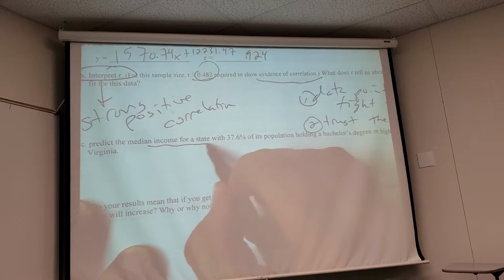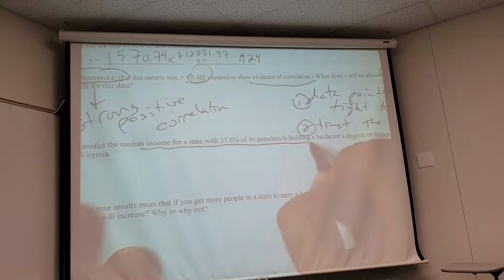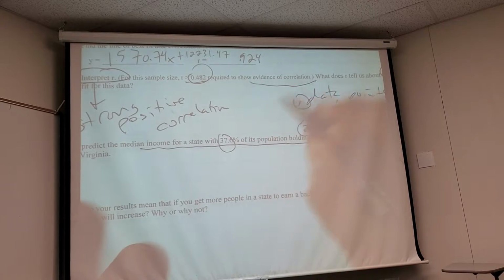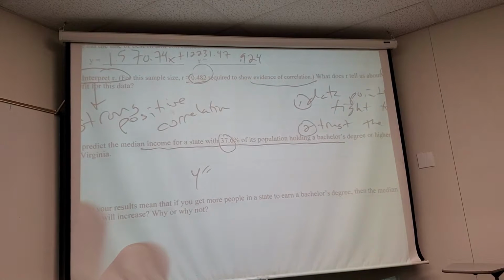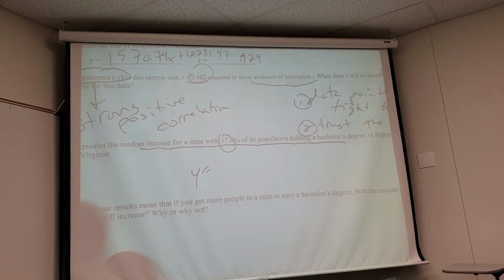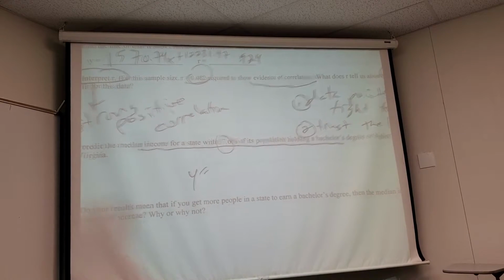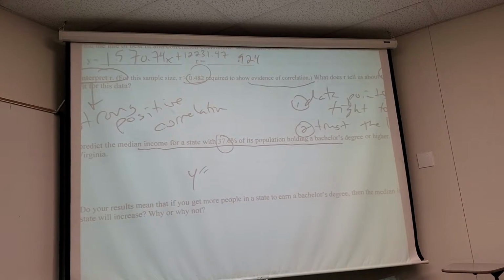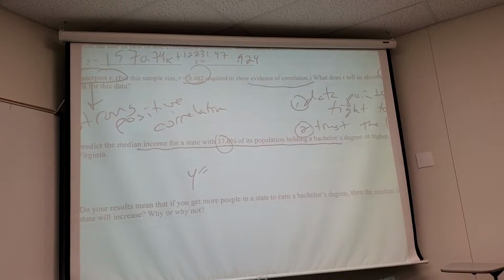Now look at this. Predict the median income for a state with that percentage holding a bachelor's degree. What do I do with that number? Plug it in. And we built this equation using percentage numbers. So we can actually put 37.6 in. In fact, we have to.